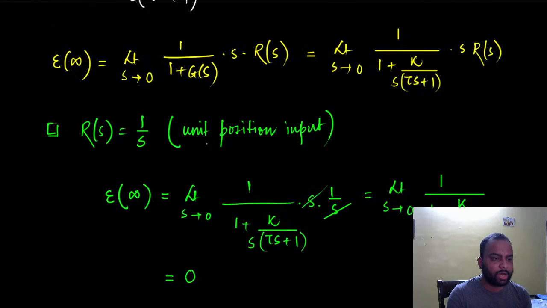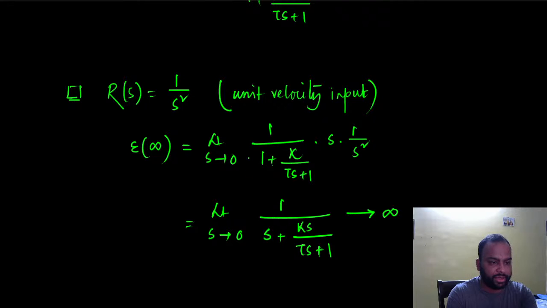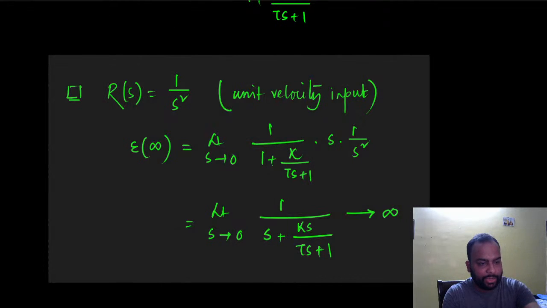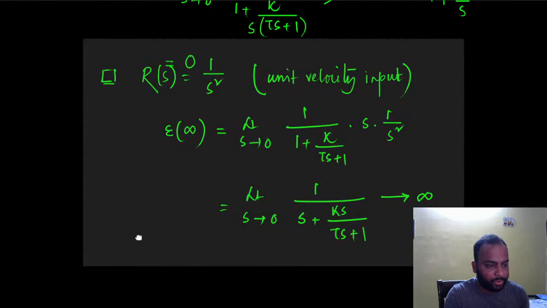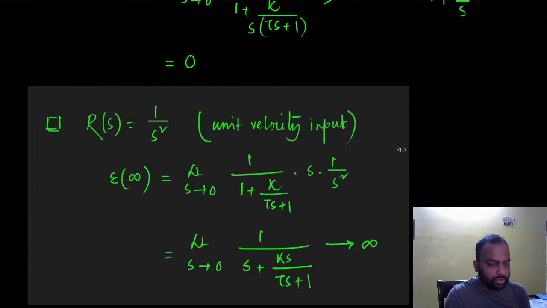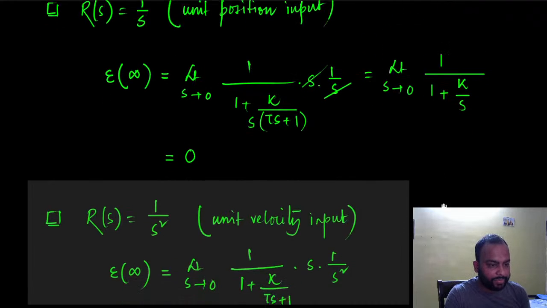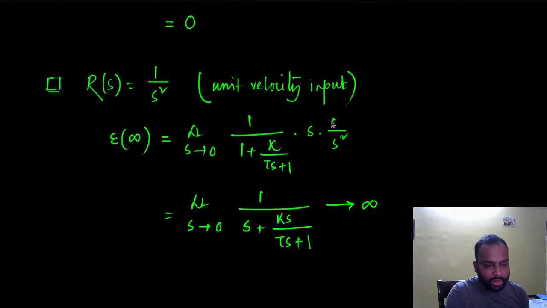Okay, so let's now copy paste the next calculation here. Unit velocity command. Let's copy the unit velocity command and check the calculation here. That's my unit velocity command. Here only the calculation will differ in the sense that I would have an s multiplied here.